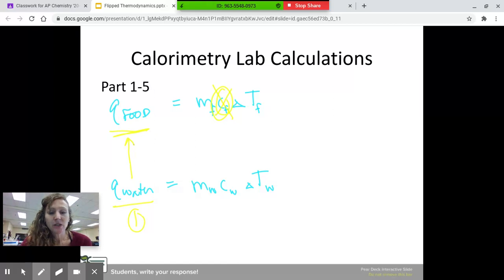Yeah, so you don't have enough information to calculate the Q of the food. You have to calculate Q of water first, and then assume that whatever the water absorbs, the food has given off. So we're calculating Q of water, and I'm giving you a head start.